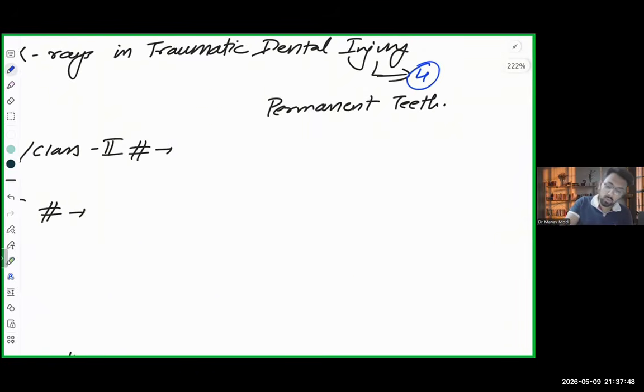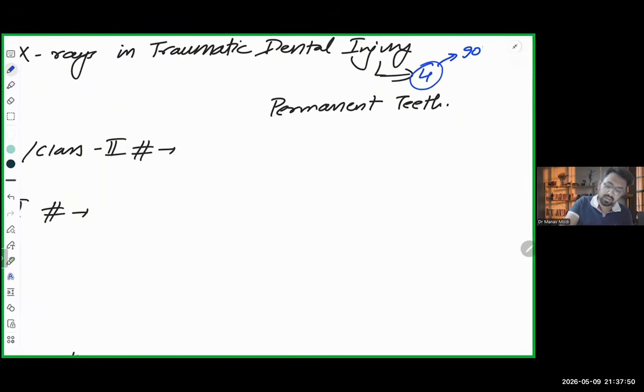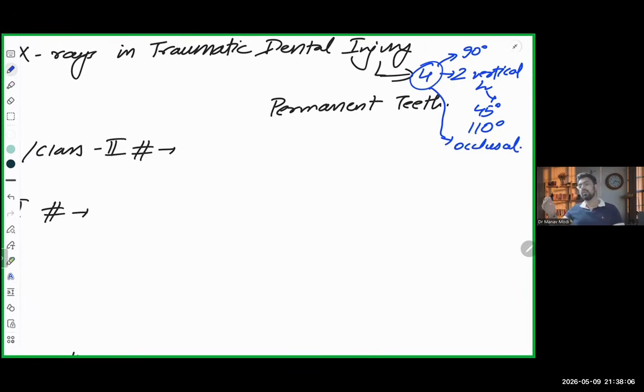How? One is taken at 90 degree, two are taken at different vertical angles, that is 45 degree and 110 degree. And the fourth X-ray is an occlusal.